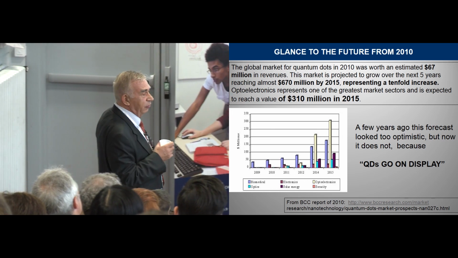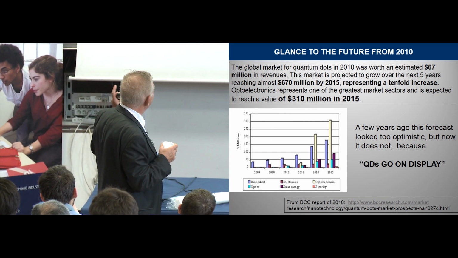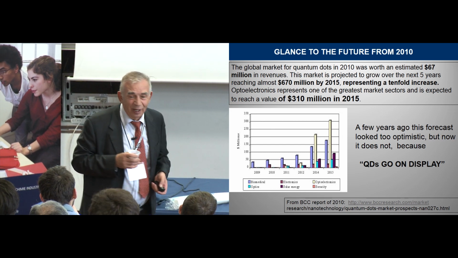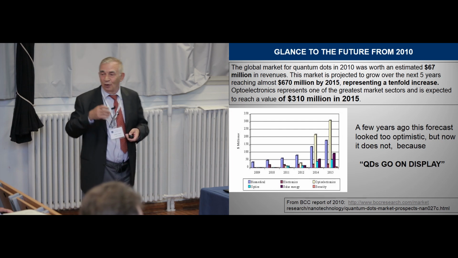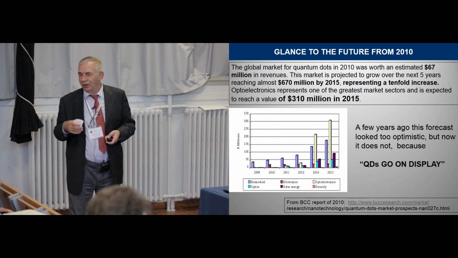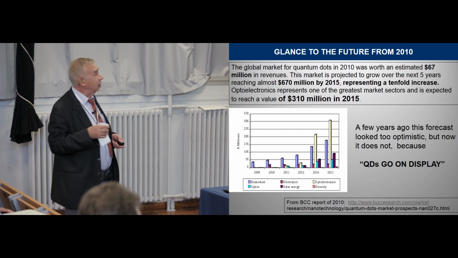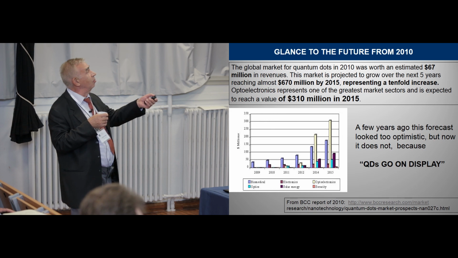So how did the future of quantum dots look, 4 years ago? This is BCC, a company which makes forecasts every 5 years for many fields of science. And so what you see here, okay, first you see the numbers.